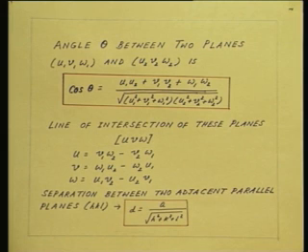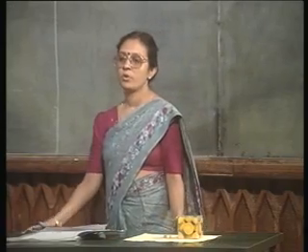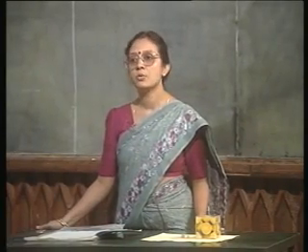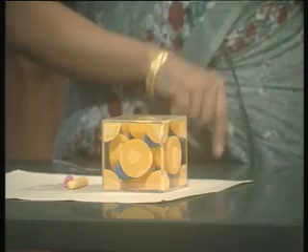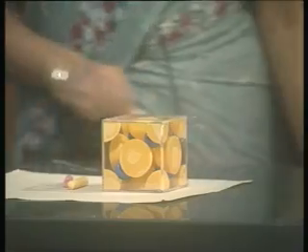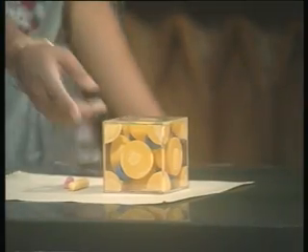You know that the separation between two planes is given by this relationship: D is A by root over h square plus k square plus l square. Therefore, if I have two 1 0 0 planes, that is this front plane and this back plane, the separation between them is simply A. You can see it from here.